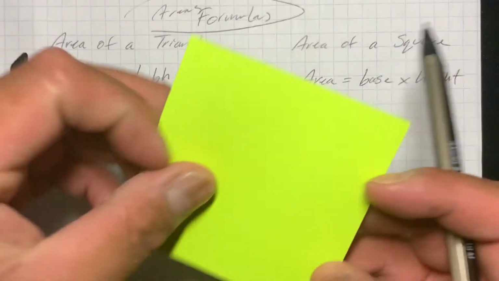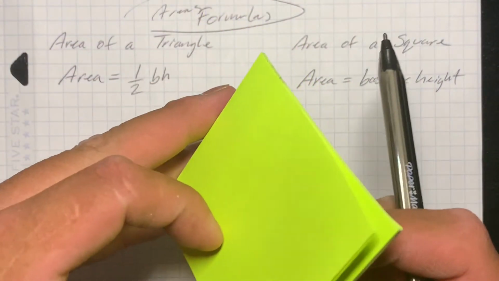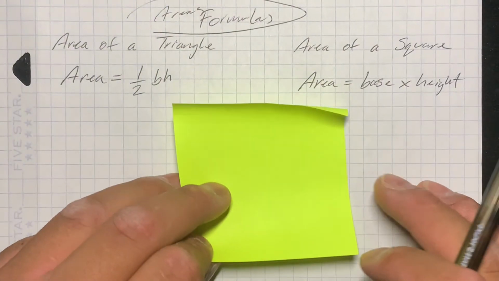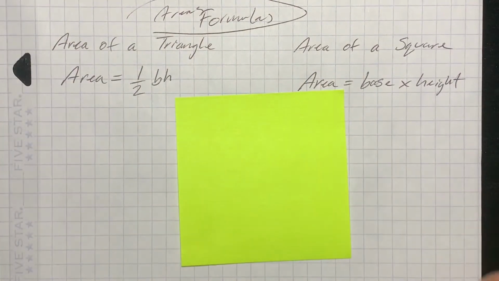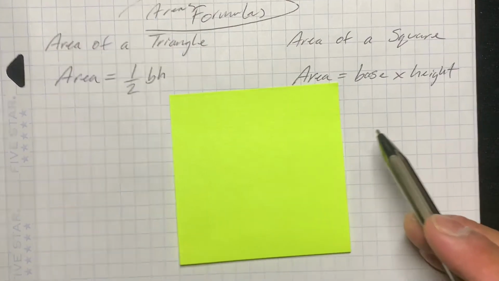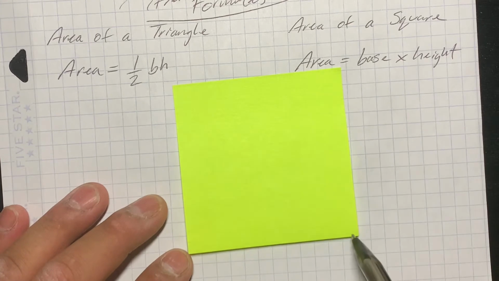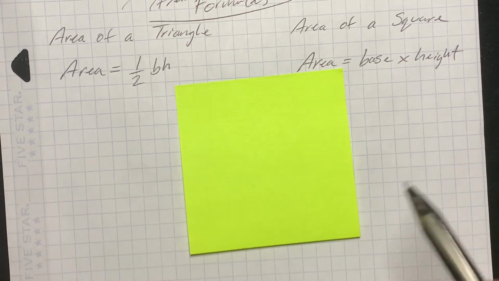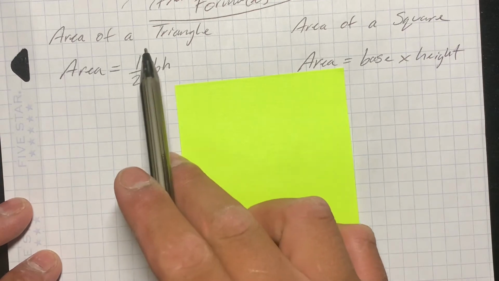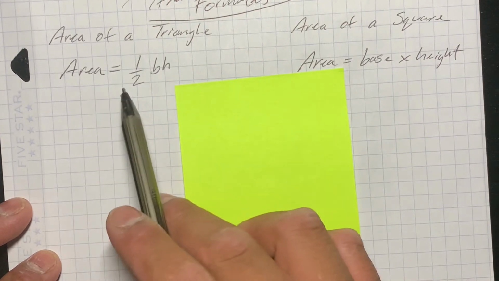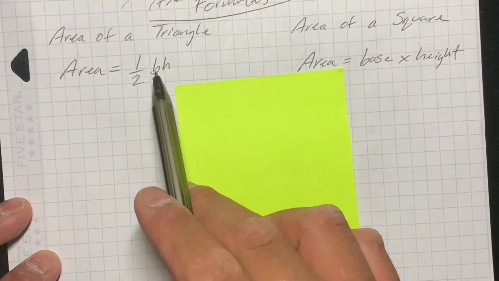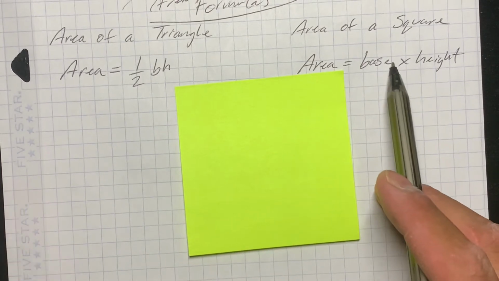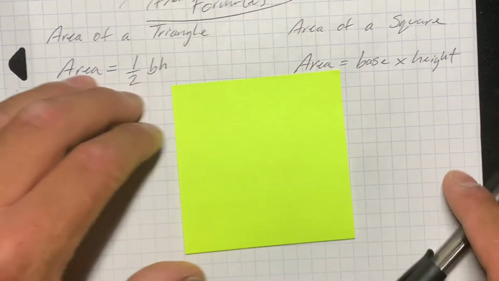Now with this post-it that I have, well, what geometrical shape is this post-it? Well, it's a square. Okay, so it has a base and it has a height. It's a two-dimensional figure. Now the reason why the area formula for a triangle is area equals half times base times height is because half of a square is a triangle. Check this out.